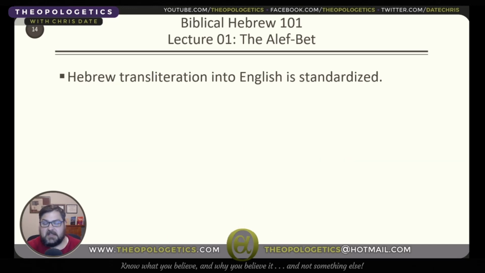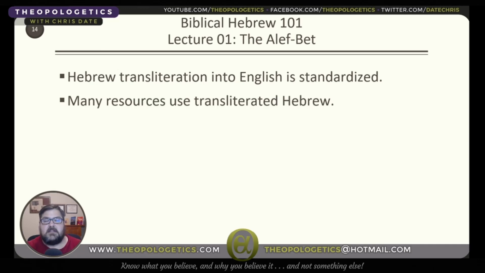Now, as for transliteration, which is a concept I described earlier, Hebrew transliteration into English is not standardized in just normal day-to-day books and articles and blog posts and things like that. There isn't a standardized Hebrew transliteration. But if you're looking at scholarly literature, particularly biblical studies literature, there is a standardized transliteration system, and many biblical studies resources use this standard.